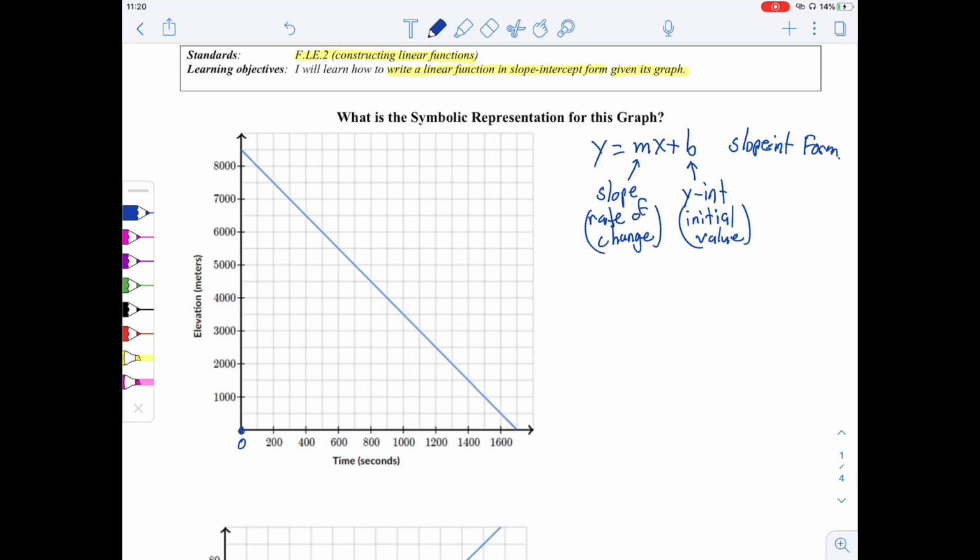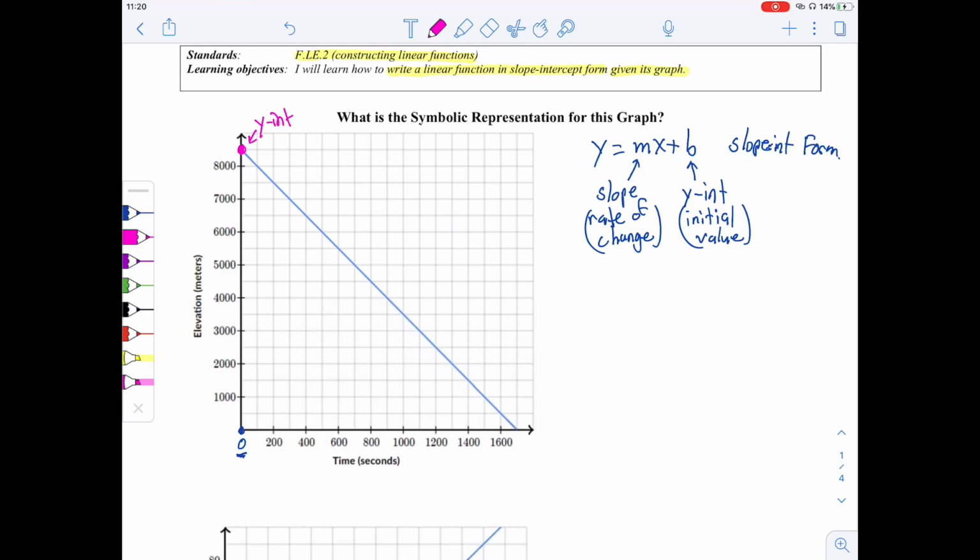So when we want to write an equation, we always start at the initial value. We look at our graph, where does it start? The function starts at 0 seconds, and the elevation is at this point right here. So this is our y-intercept, which is our initial value. We look at what number that is.